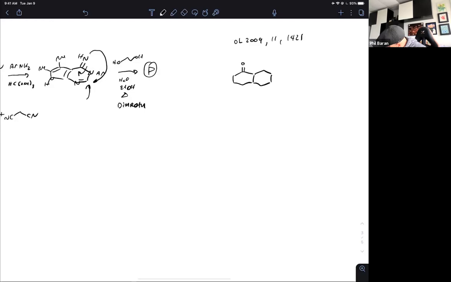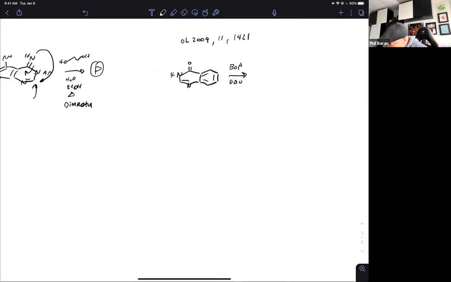So we learned a while ago that if you have a system like this, and you treat it with something like BOP and DBU, you're going to get O activation by this kind of phosphoramidite intermediate.